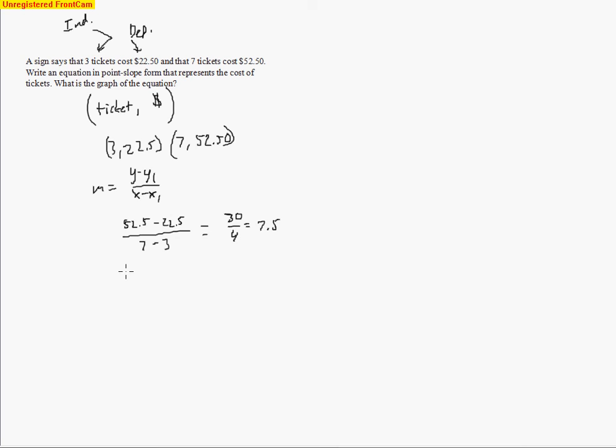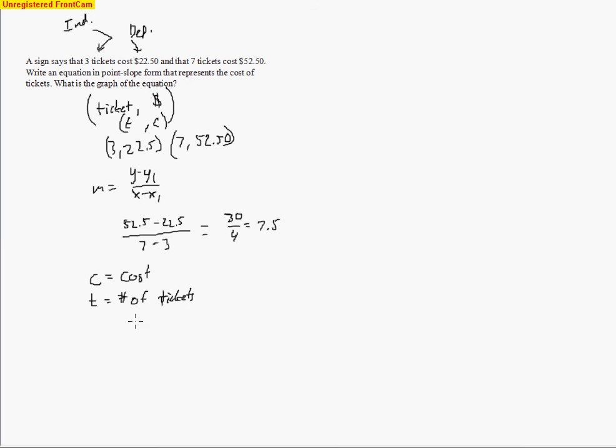And so when I take a look at that, again, I'm going to say C equals my cost. And so that's going to be my Y component, and we'll say T represents tickets. T equals number of tickets.